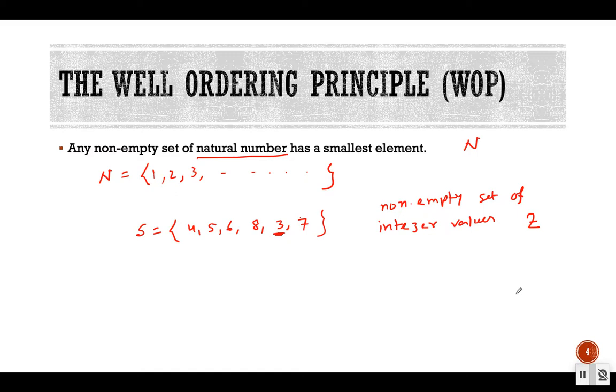So if a set can have a smallest element, in that case we can use a proving technique known as mathematical induction. Without having a smallest element in a set, we cannot use the idea of mathematical induction to prove some mathematical statement.